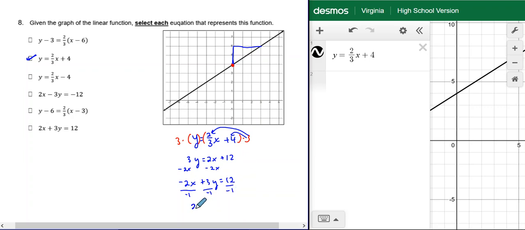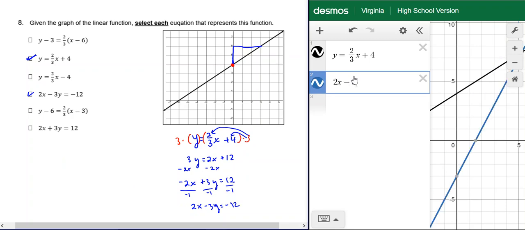So this just turns into a positive 2x, and then minus 3y equals -12. So that's another one. Those are both equivalent. Let me graph it for you and check. Again, if you want, you can just graph each one in Desmos and match it, but this is the other way to do it.